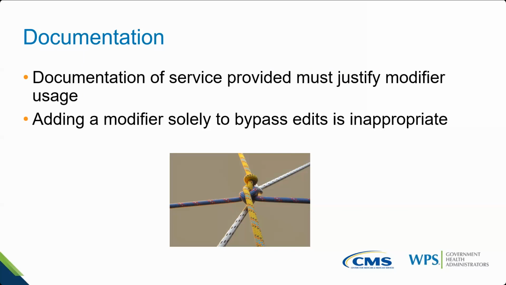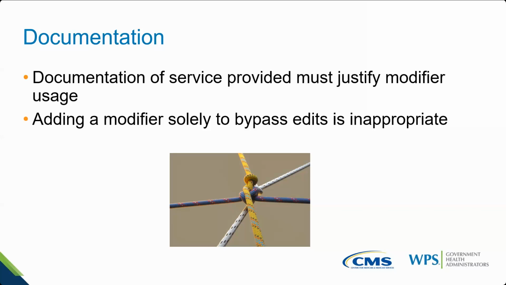Add modifiers to HCPCS or CPT codes if the clinical circumstance justifies using them and your documentation clearly supports their use. So documentation is all that a reviewer has to see if what was done to the patient and for the patient was medically reasonable and necessary, and therefore Medicare payment can be made.